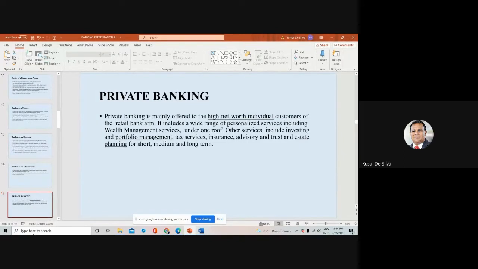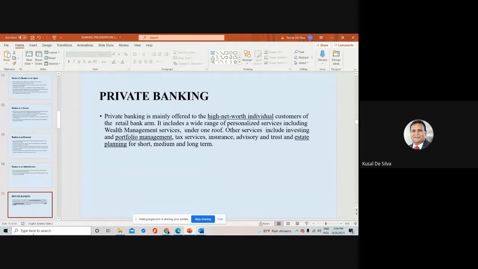Some banks have that, but even they mainly depend on one or two people. Sometimes there is a risk as well, because the people engaged in private banking also have a demand, and shifting to another bank is on the cards.